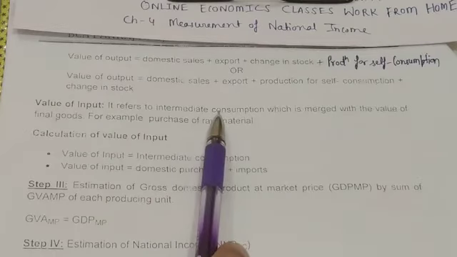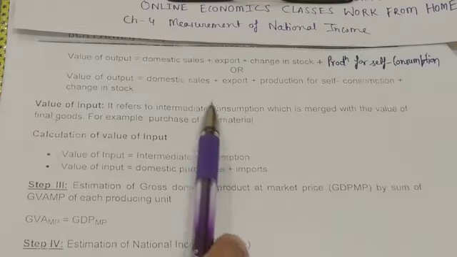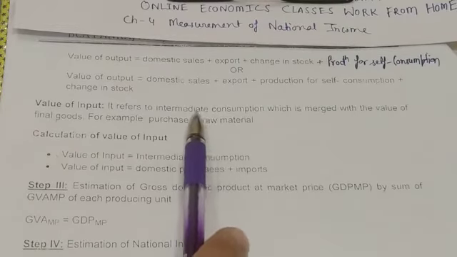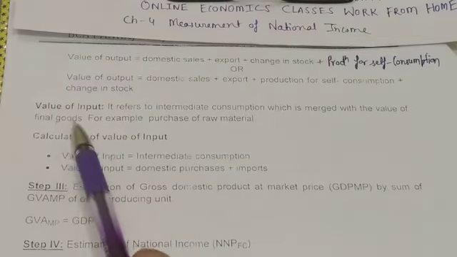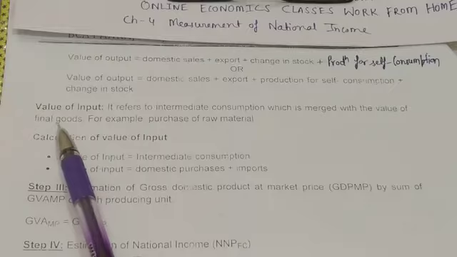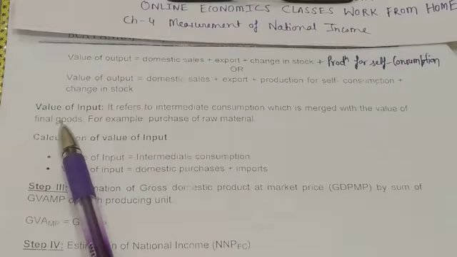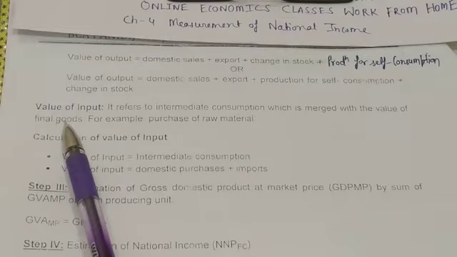I have already discussed the meaning of intermediate goods in chapter number 2, but again I am explaining to you. See here, final goods. Final goods are those goods which are used either for consumption purpose or investment purpose.